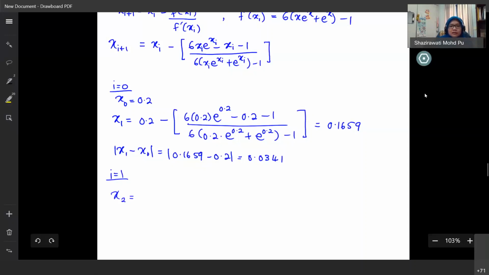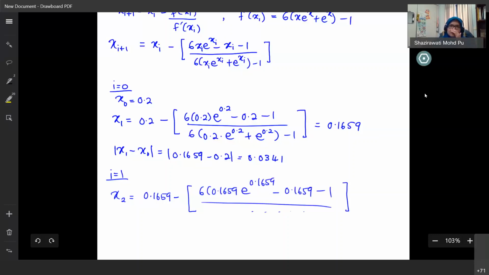So xi is x1, so you have 0.1659 minus, in the bracket you have 6 times 0.1659 times exponent 0.1659 minus 0.1659 minus 1 over, and so on. So you can see you are repeating the process. You are repeating the same function but with different values of x.